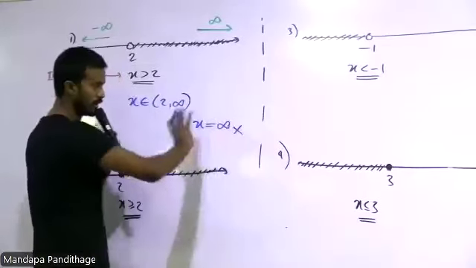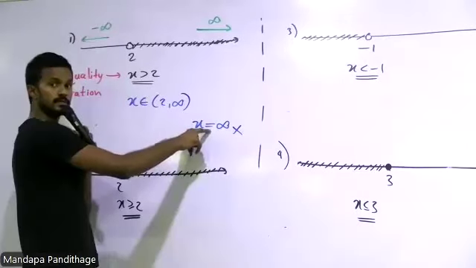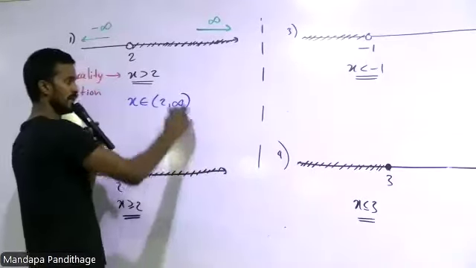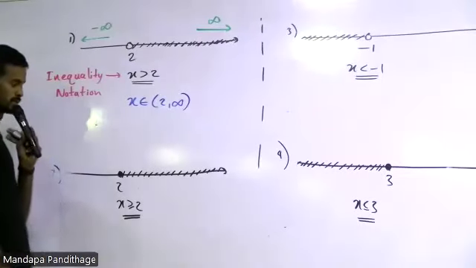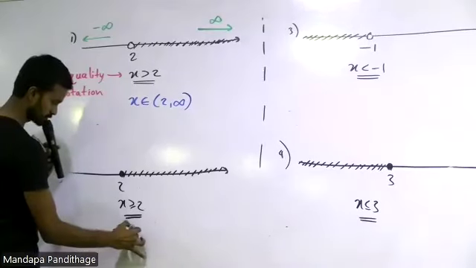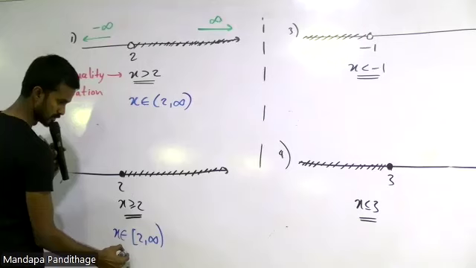This is wrong in maths. You don't write this. So always keep in mind, when we are talking about infinity, we should use a normal bracket. So here, x is an element of square bracket 2.